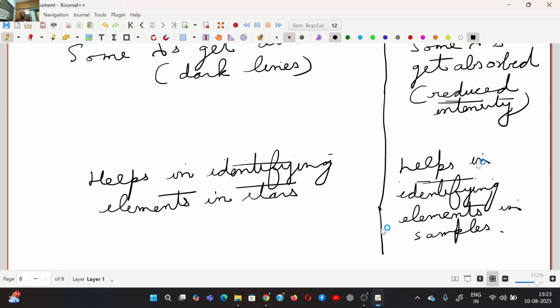Another way to look at it is that Earth is also like a byproduct of the sun, right? So most of the elements that are found on Earth are also found in the sun. So Fraunhofer lines are essentially astronomical spectroscopy in celestial bodies.